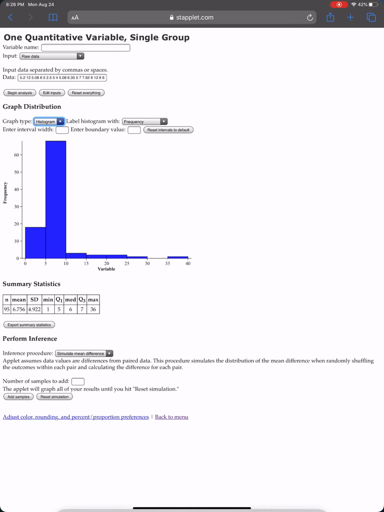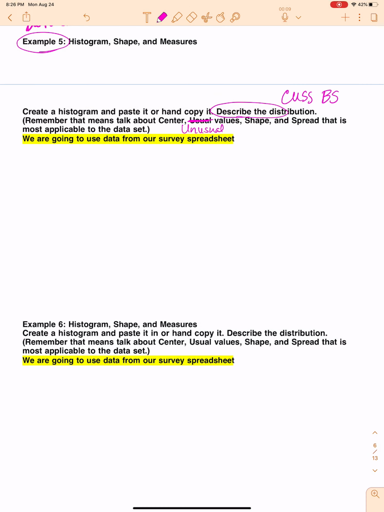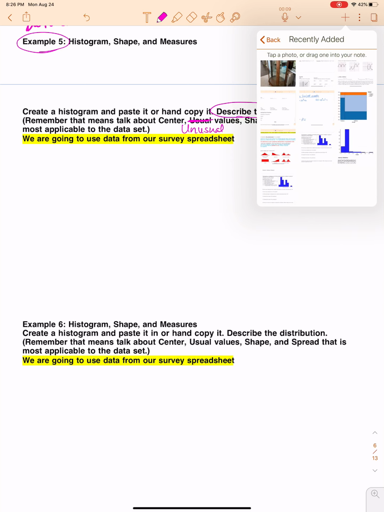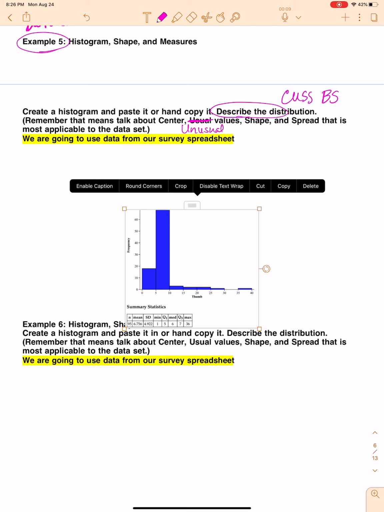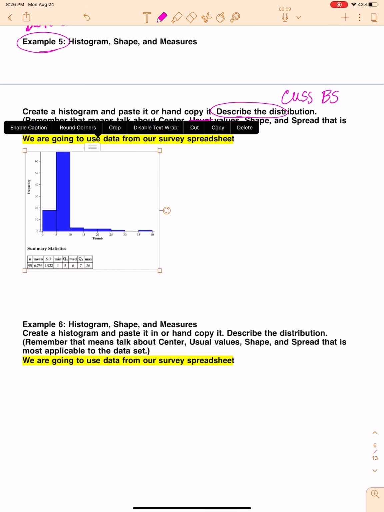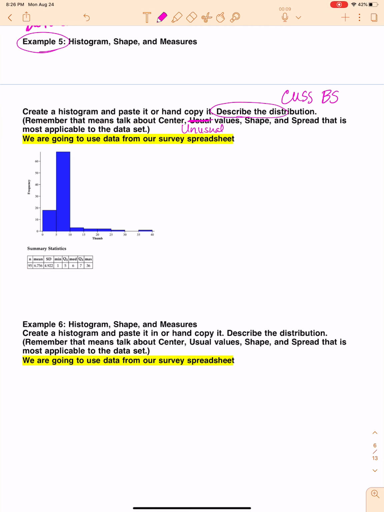So I'm going to go back to my example and paste that in there for you. When I'm talking about the summary statistics, I'm talking about this right here. So I put in 95 pieces of data. That's 95 students.